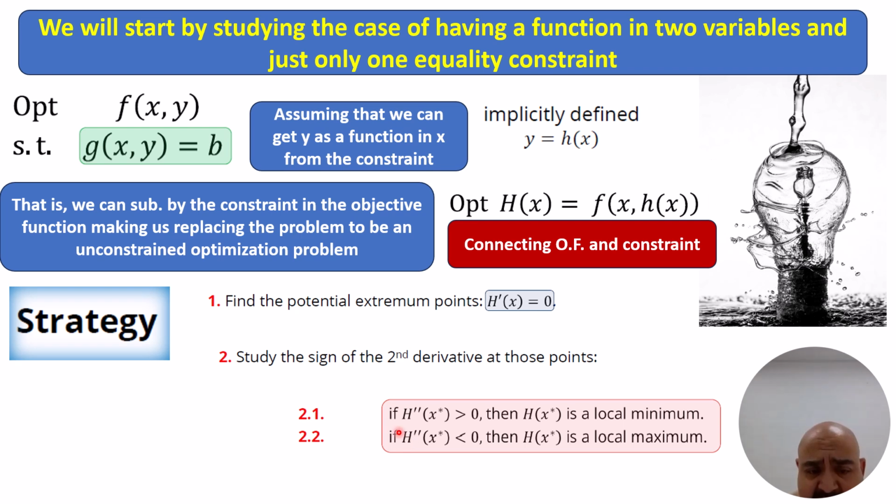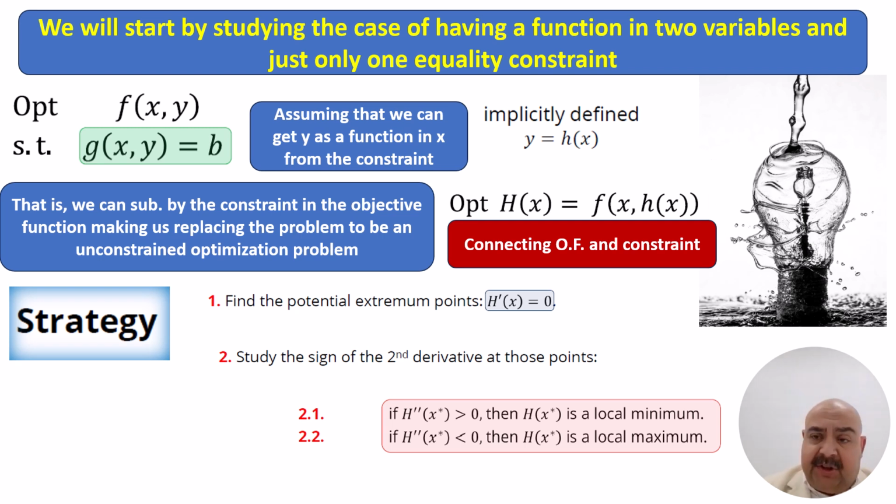So H double dash, the second derivative of H of x, the function once more connecting the whole problem, both the objective and the constraint together. Okay, so after getting the critical points, we will make this substitution. If the value is greater than 0, as we know, we will have a local minimum, exactly like what happened before and what we trained on.